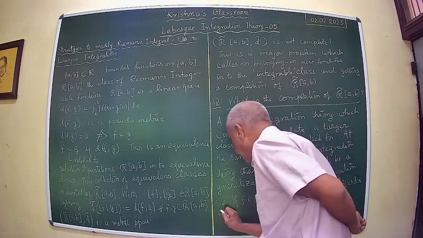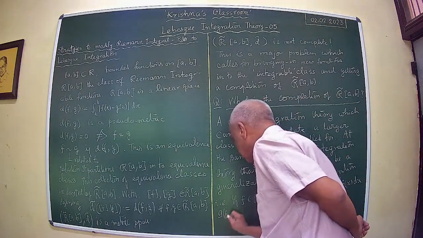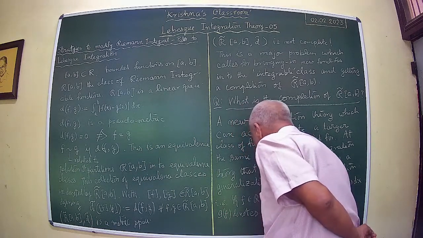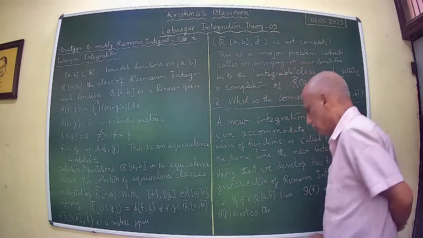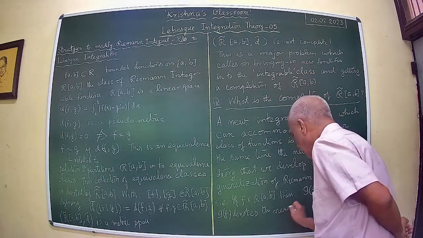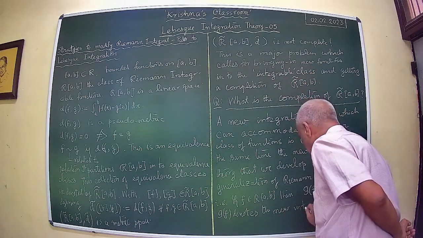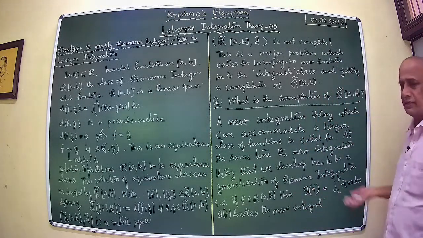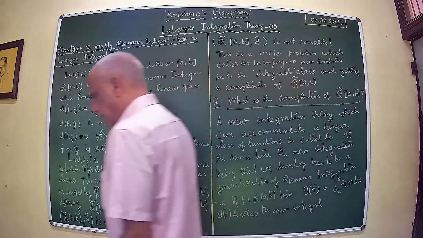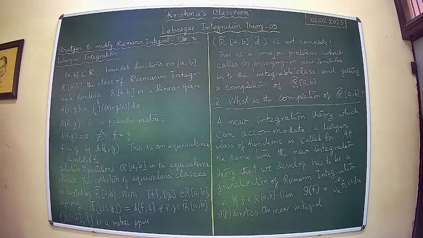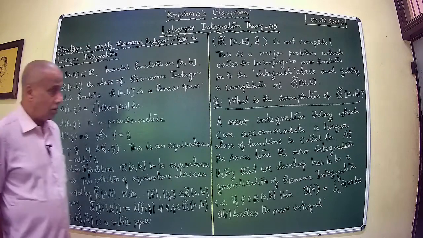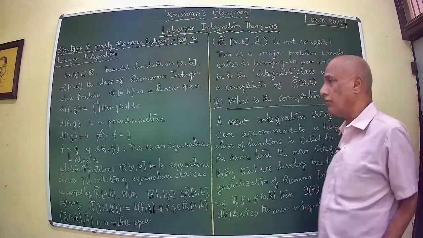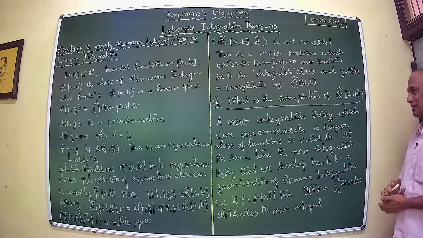I(f) denotes the new integral. This is what you mean by it's an extension of the existing Riemann integration theory, so that on all Riemann integrable functions, the new integral should conform to the Riemann integration.